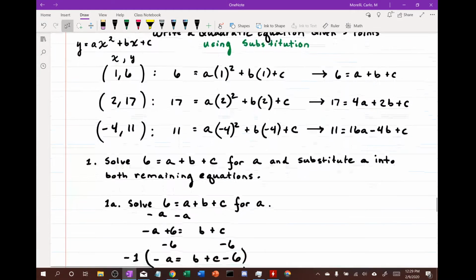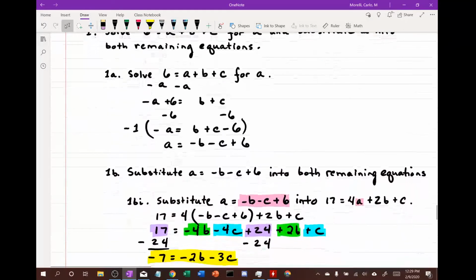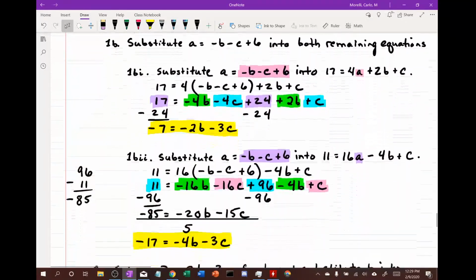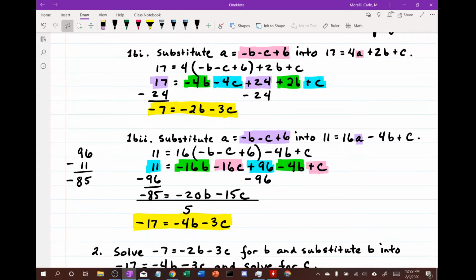So I will take one of my equations, pick one of these two highlighted in yellow, and substitute in -1 for C and solve for B.